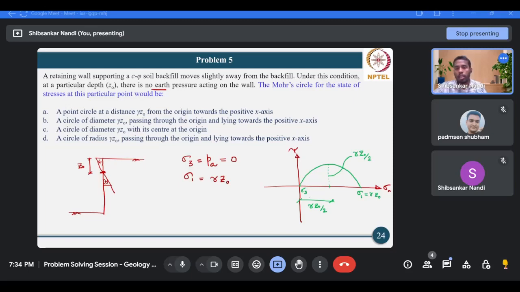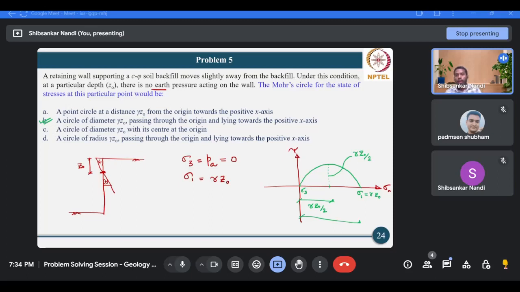It's passing through the origin and lying towards the positive x-axis, and the diameter is also gamma z0. So it's correct, which means the correct option is option B. Still, we'll check the other two options also.